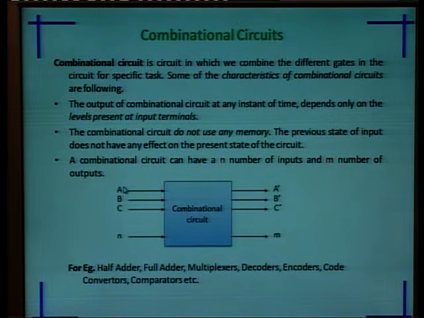If we have n inputs, we have m outputs, and these combinational circuits may be a half adder, full adder, multiplexer, decoder, encoder, code converter, or comparator. All these are combinational circuits, and we have to implement these with the help of VHDL.